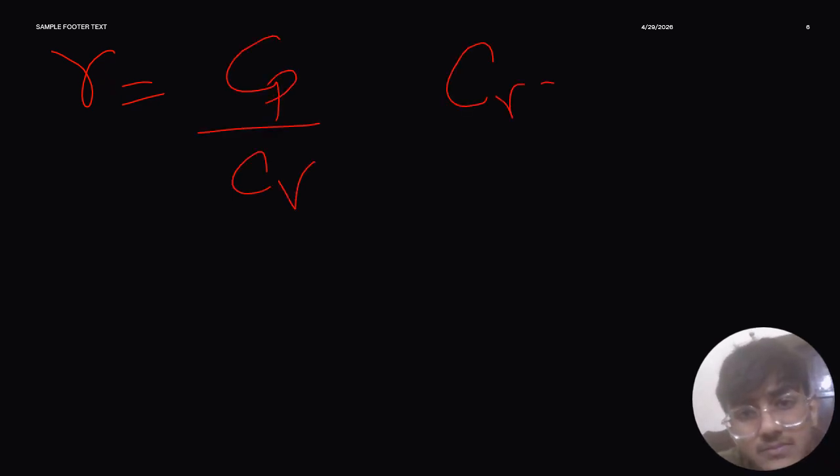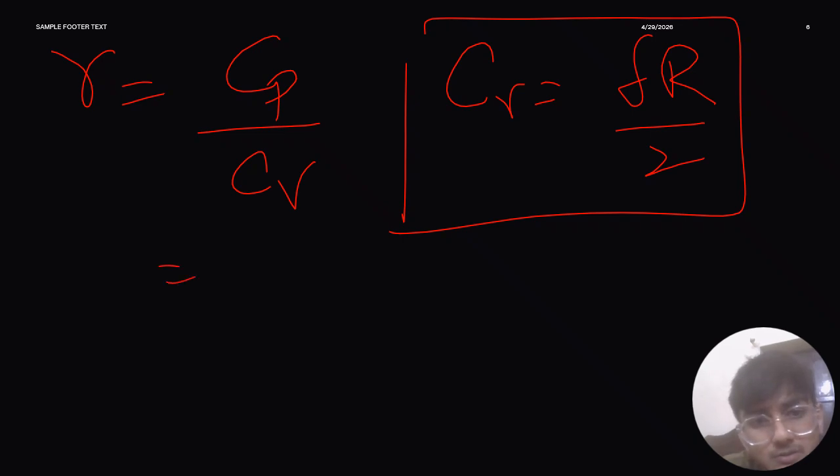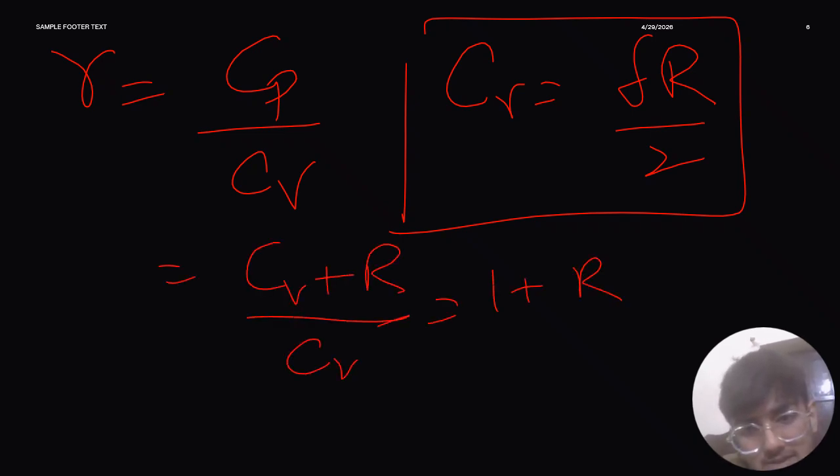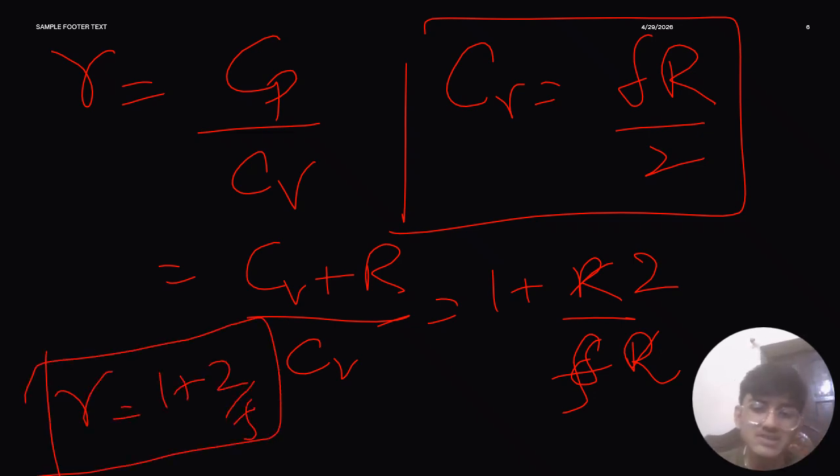Cv in terms of degree of freedom is fR by 2. Cp is Cv plus R, so gamma is 1 plus R by Cv, which comes as gamma is equal to 1 plus 2 by f. So it depends on the degree of freedom. If we change the degree of freedom, the value of the adiabatic constant will change, and it is a unitless and dimensionless quantity.